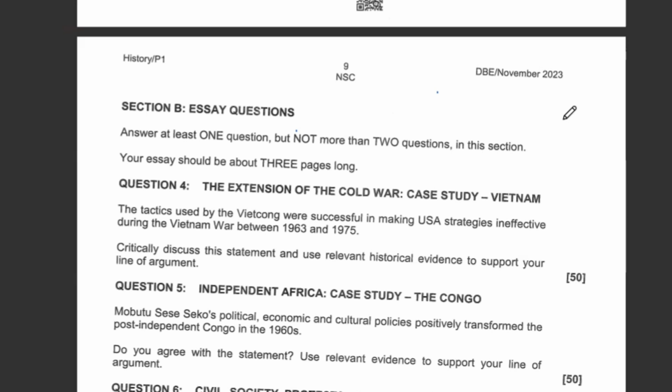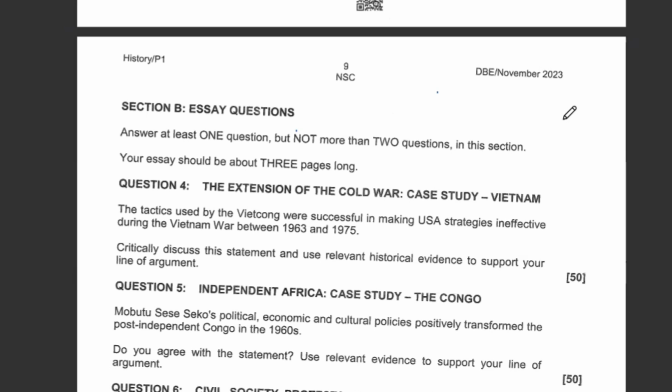The Viet Cong made use of tactics such as guerrilla warfare, underground tunnels, the use of neighboring countries, the Tet offensive, amongst other non-conventional strategies. This presentation will examine how Vietnam tactics weakened USA strategies during the war.